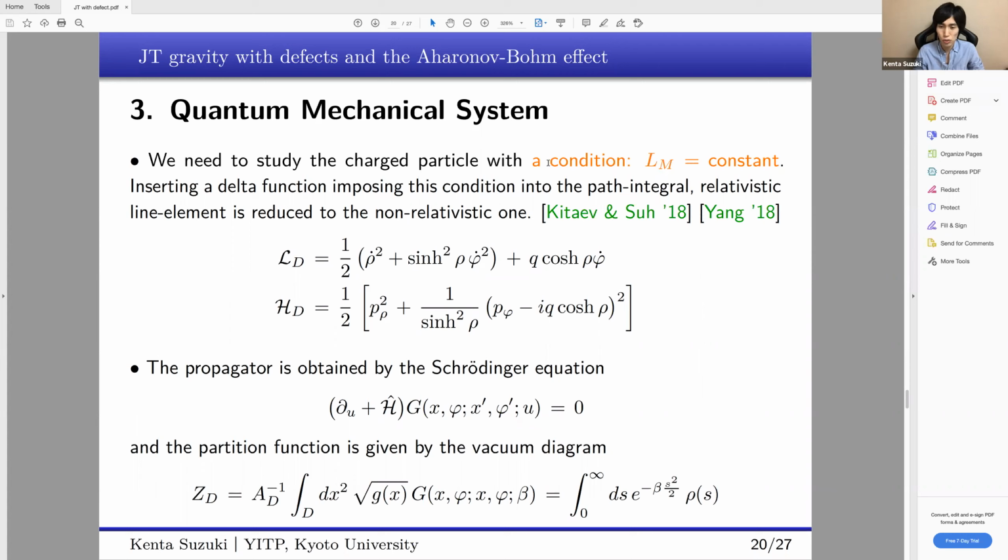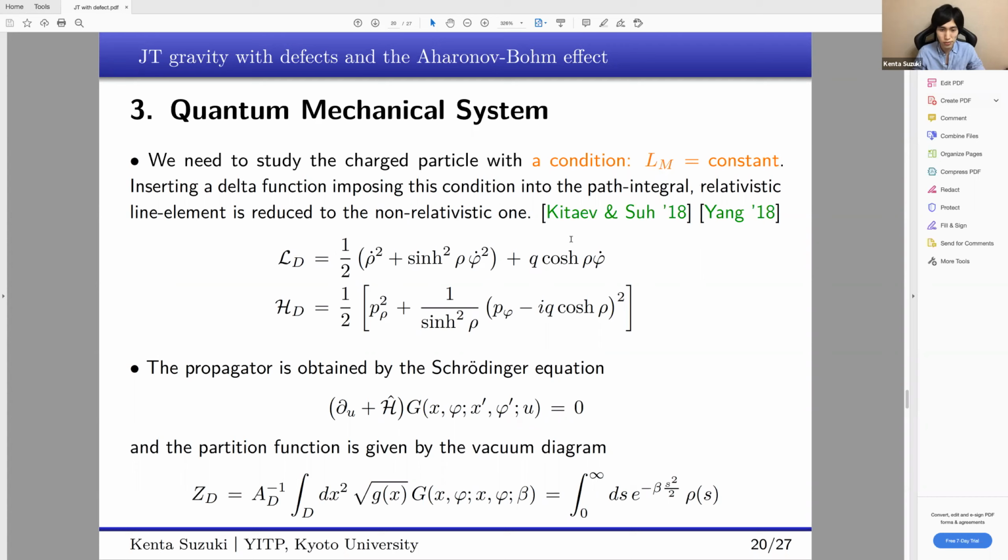But such world line metric is basically fixed to constant by this condition. Therefore, we do not get any extra field after this rewriting, but we simply re-express the previous relativistic line element in terms of a non-relativistic one.